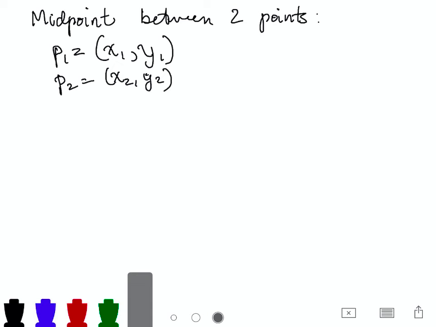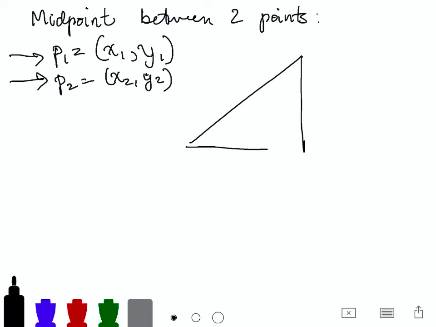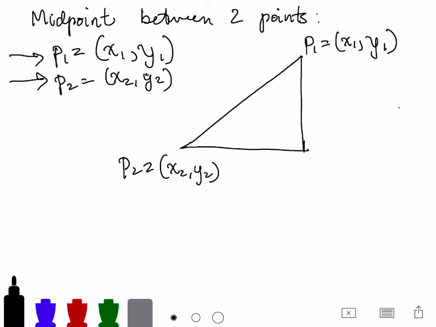Now the midpoint between 2 points. Again, we're going to use P1 and P2. So we're trying to find the coordinates of this point, which is the midpoint between P1 and P2.